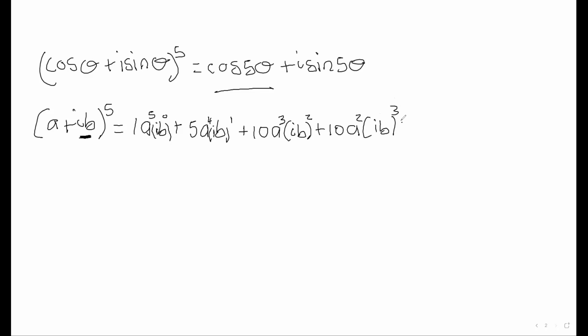And plus 5, A to the power 1, I, B to the power 4, and the last one was 1. So we're not going to write that. Okay, we just write it: A to the power 0, then I, B to the power 5.